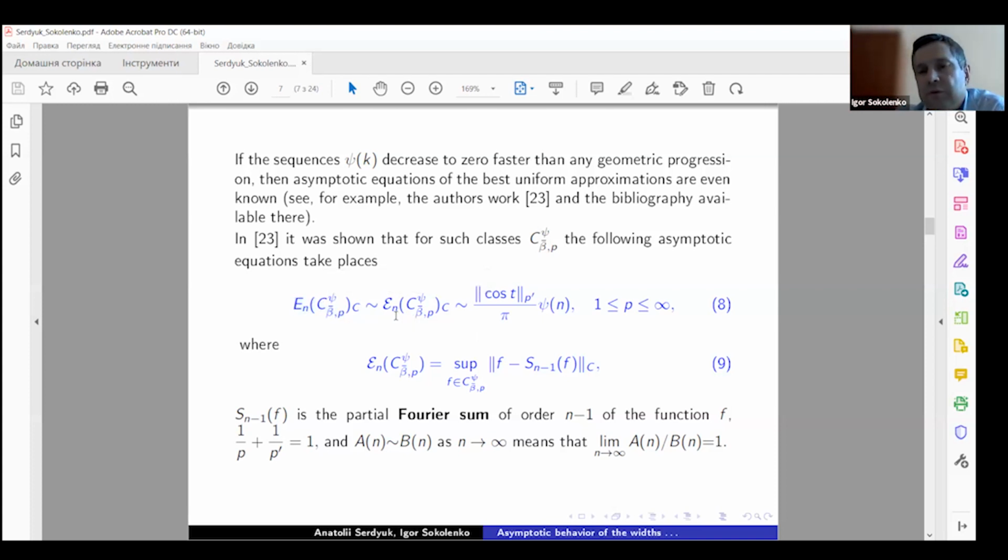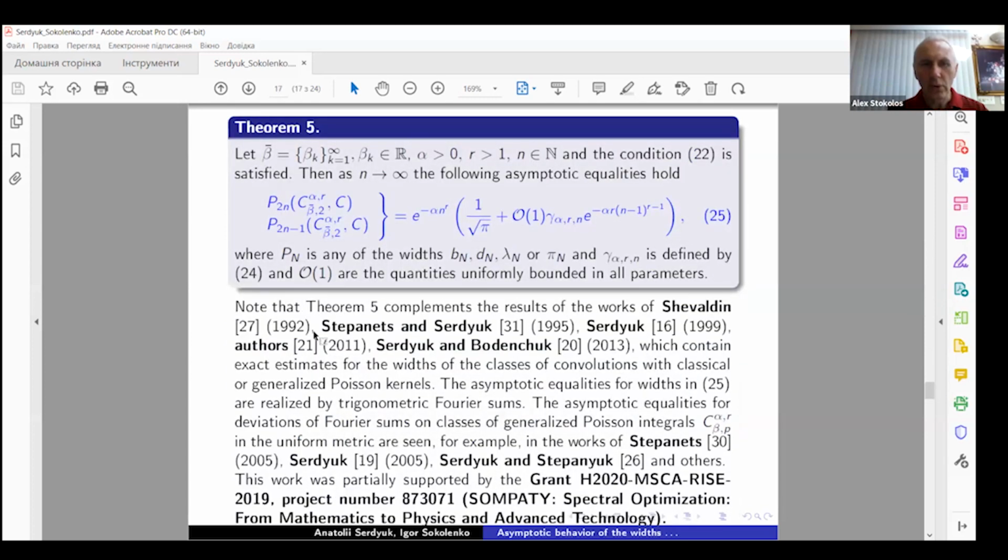Is the asymptotic related to the value of deviation of Fourier sums or other asymptotic? I don't care. In your theorem 5, you say that this asymptotics holds for all b, d, lambda, and pi n. So my question, could it be easy to prove that they have the same asymptotics just without specifying what asymptotics?